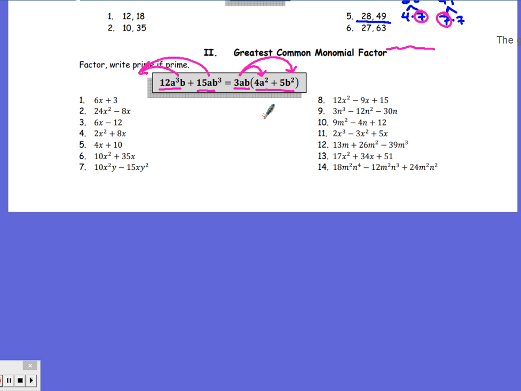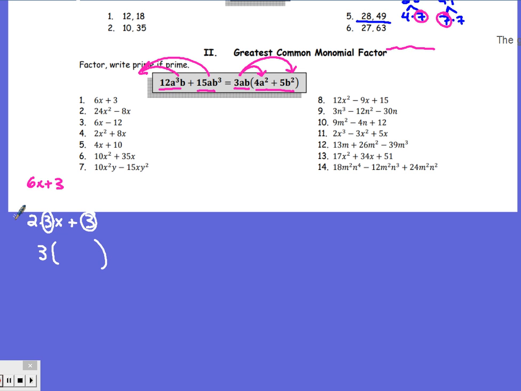Here, 6x plus 3. What I want my students to do is break down 6 as 2 times 3 times x, plus 3, and then think about what they have in common. They both have a 3 factor, so that's what I'm going to factor out.